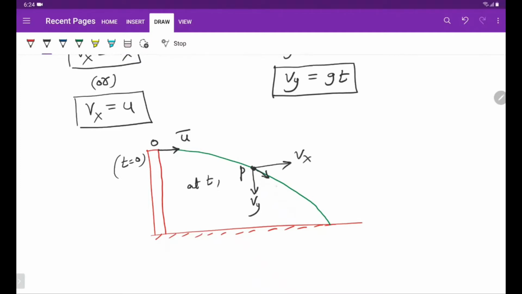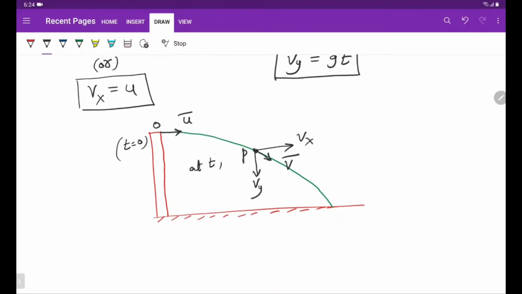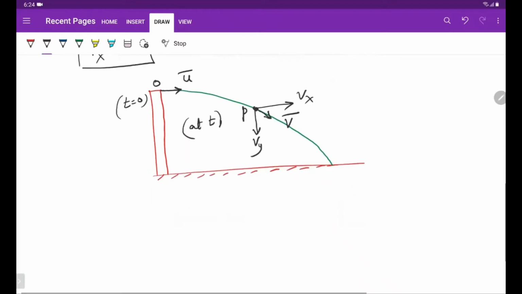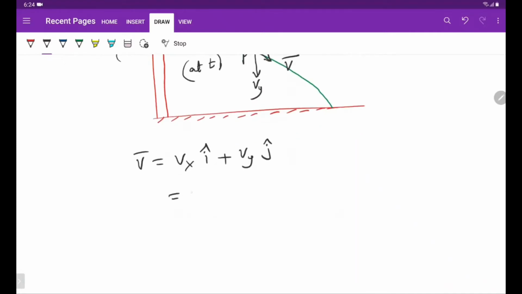So this is the net velocity V bar, and V bar is along the path. At time t0, U bar is completely along the x direction. After time t, V bar is equal to Vx i cap plus Vy j cap, where Vx is U and Vy is gt.